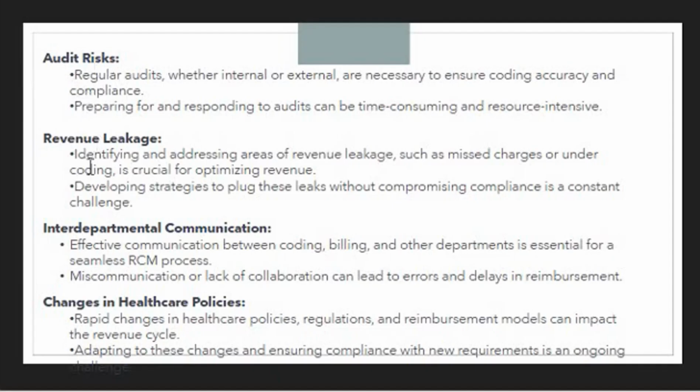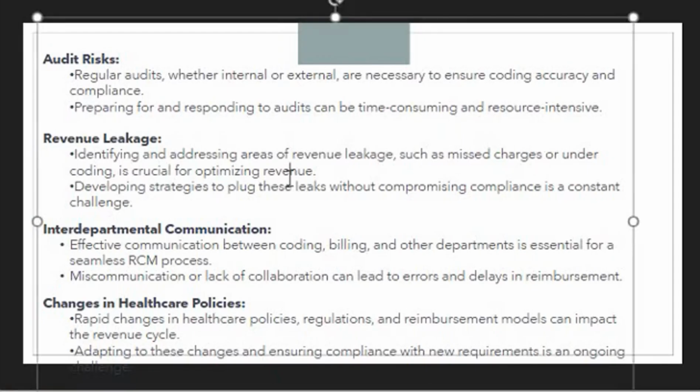Then we have revenue leakage. Identifying and addressing the areas of revenue leakage such as missed charges and undercoding is crucial for optimizing revenue. So we have that goal, right? We have to optimize our coding, optimize our revenue process, right? Then only we can process the proper reimbursement and payment would be processed.